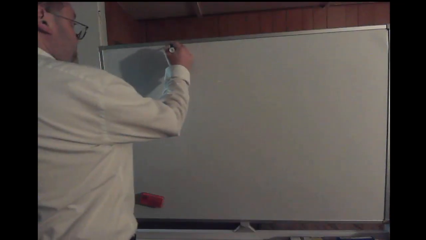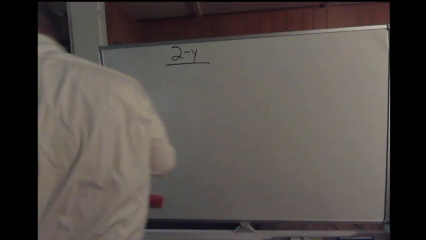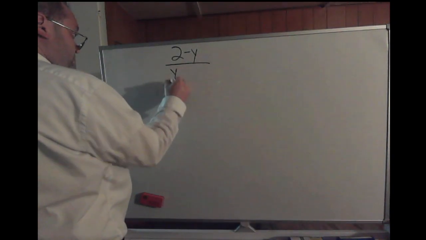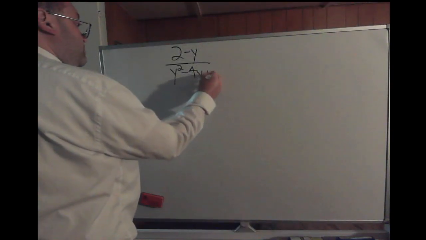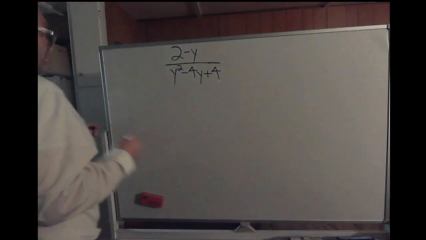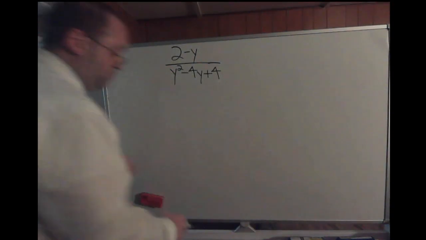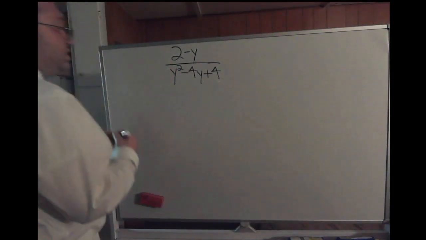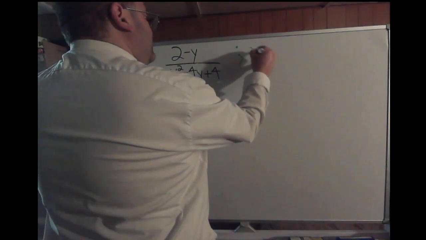Alright, let's see here. We have 2 minus y over y squared minus 4y plus 4. Let's take a look at the denominator, set that equal to 0.